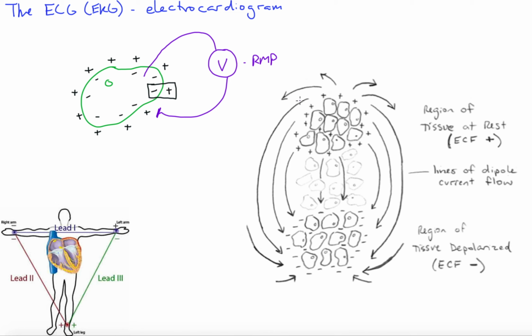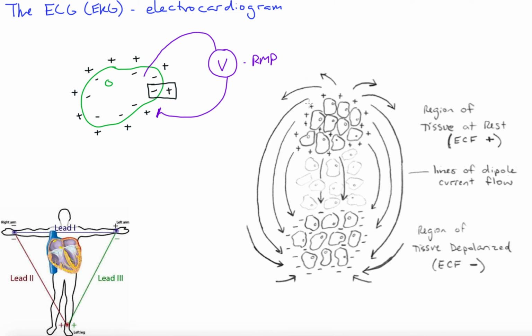Now, the key to understanding the ECG is that it is derived from the action potentials of millions and millions of cardiomyocytes, not the nodal cells. The nodal cells are absolutely essential to generating the cardiomyocyte action potentials. Remember, the nodal cells fire first, and the cardiomyocytes then follow.